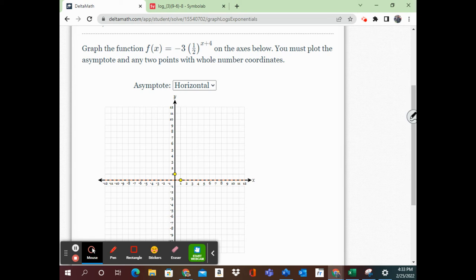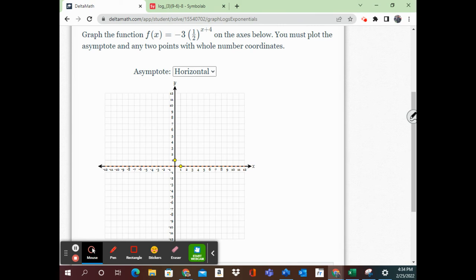That tells me these numbers are approaching this line from the bottom up, so anywhere below this line is where my graph is coming from. How do I know? Because of that -3.